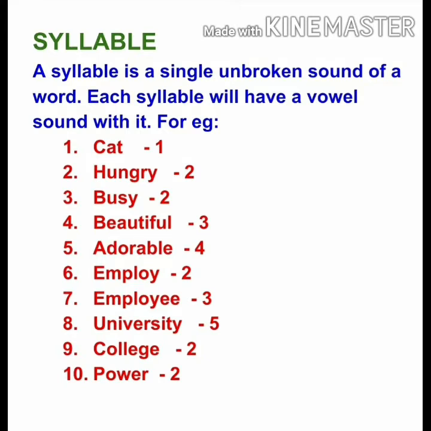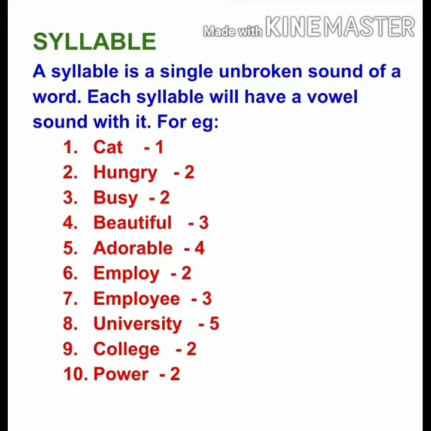Children, while pronouncing certain words, we pronounce them without a break, like cat, dog, hut, etc. But while pronouncing certain other words, we happen to pause for a fraction of a second in between. For example, donkey.